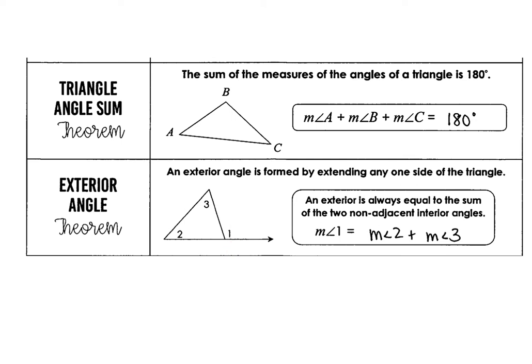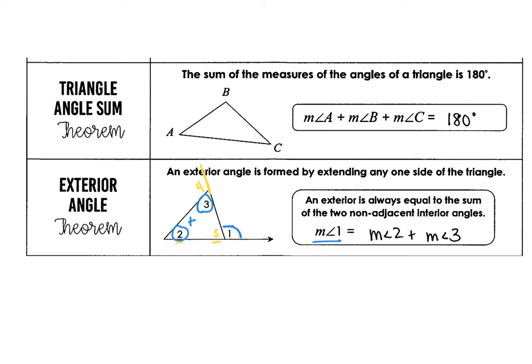So then if I were to draw a line extending this way and create this angle, it would always add up to these 2. And so anywhere on the triangle, you can extend one of your sides, creating an exterior angle, and it will add up to the sum of the other two.